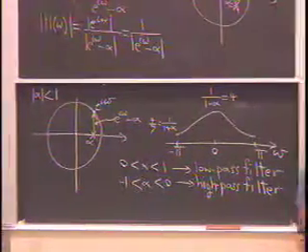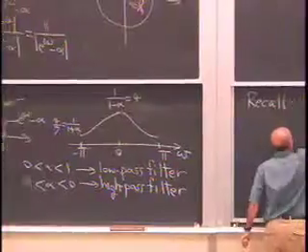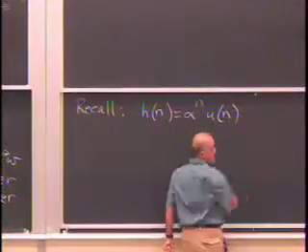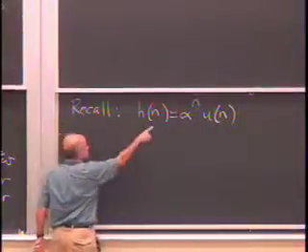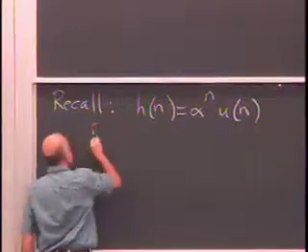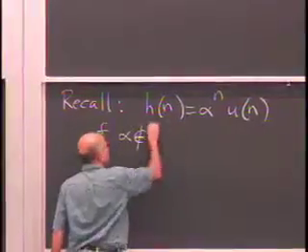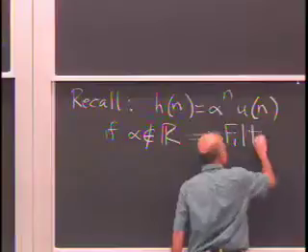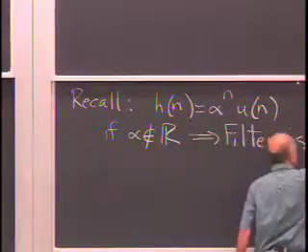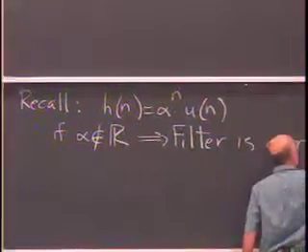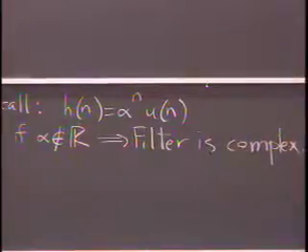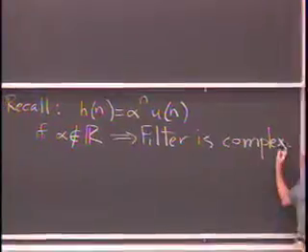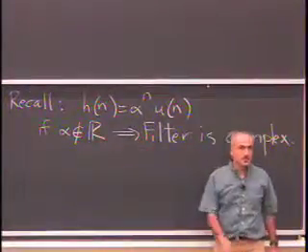Remember, h of n is alpha to the n u of n for this filter. So if alpha is complex valued, then the filter is a complex filter. Complex filters have some applications in advanced signal processing. They're somewhat beyond the applications of this course.